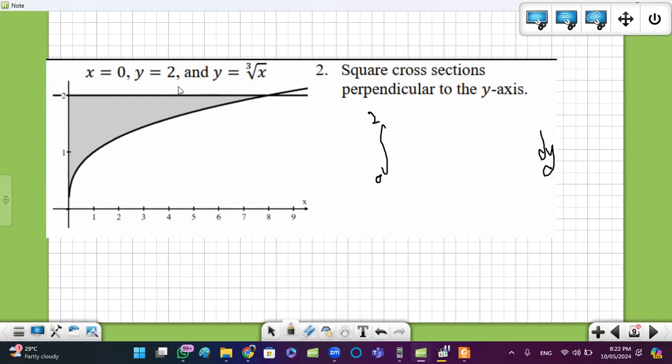Here I need to write them as x equals. x equals y power 3. Minus what? Minus 0.